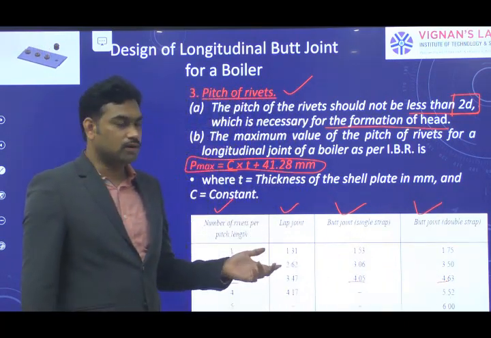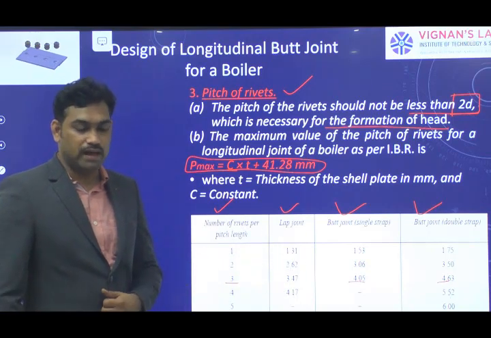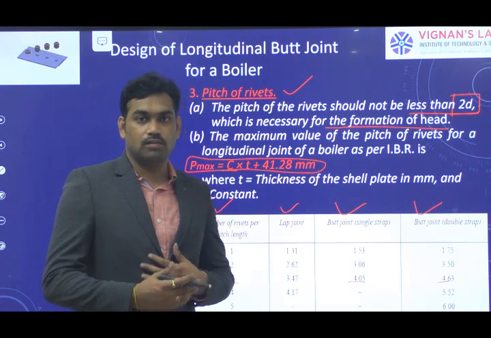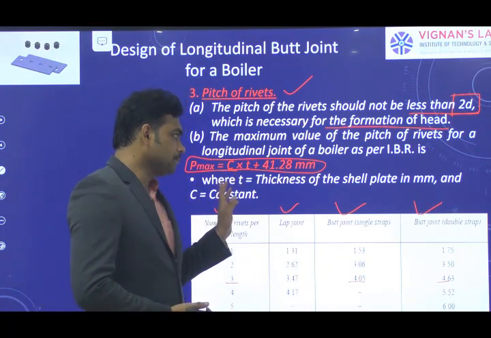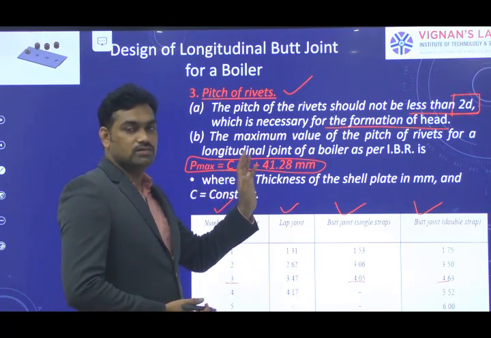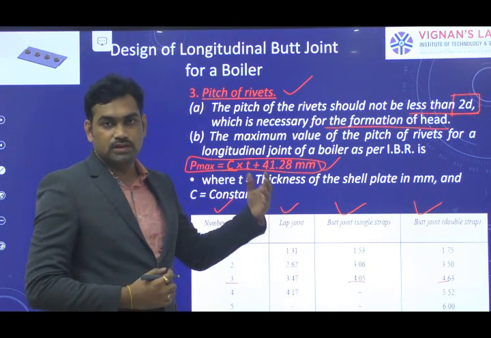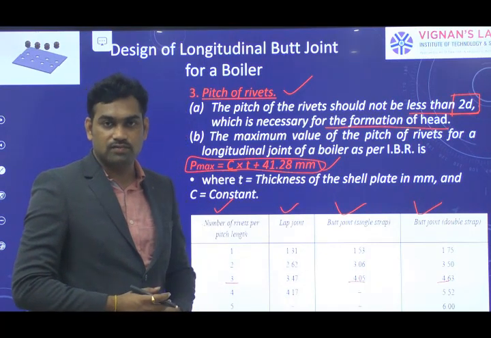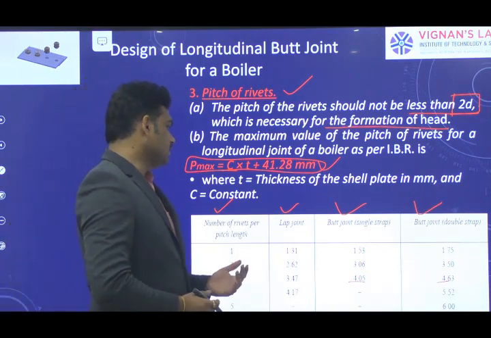You can remember 2 or 3 values from this table for regular usage, the most used ones in example problems. Here t is the thickness. Using those values you can find the maximum pitch, and the minimum pitch should be 2 times the diameter of rivets in order to form the rivet head.